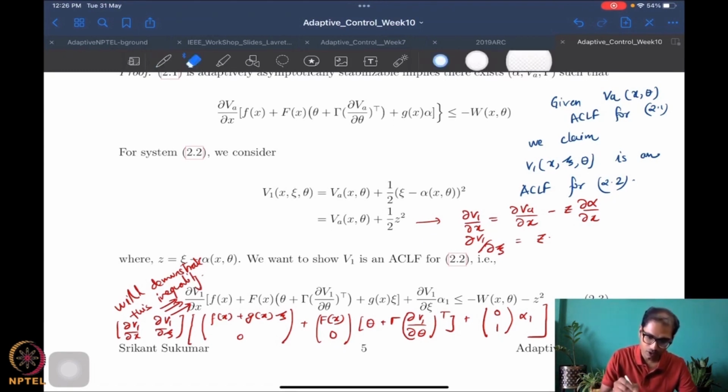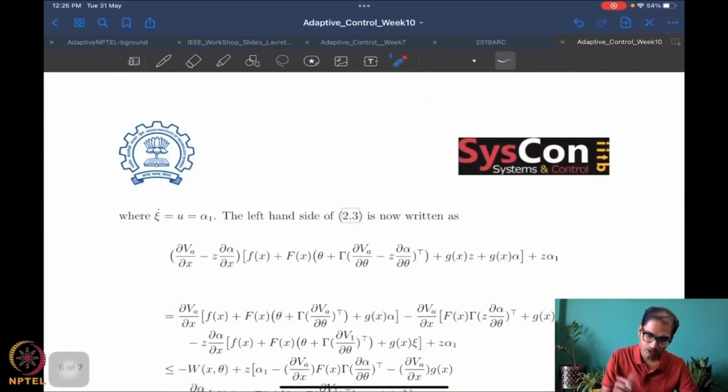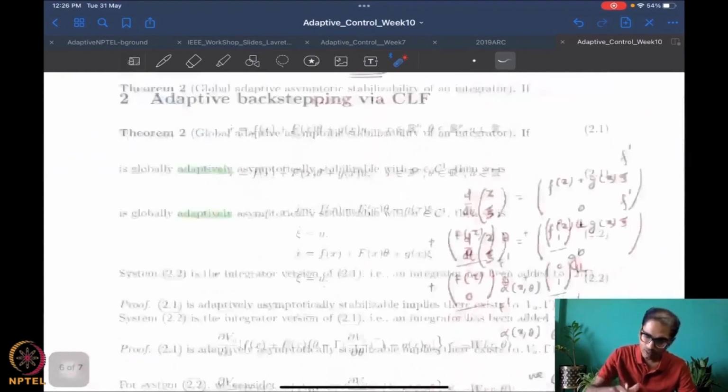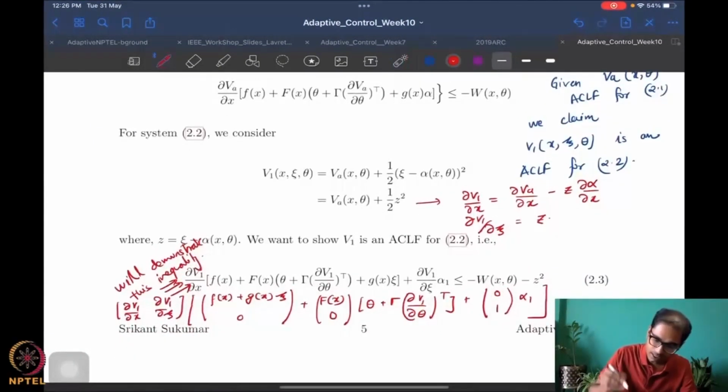So I can substitute this here. This is del v1 del x and this is del v1 del psi. That's what we do. And this is also del v1 del x right here. Sorry, this is del v1 del theta, I believe, right? So we also have del v1 del theta in the expression here.